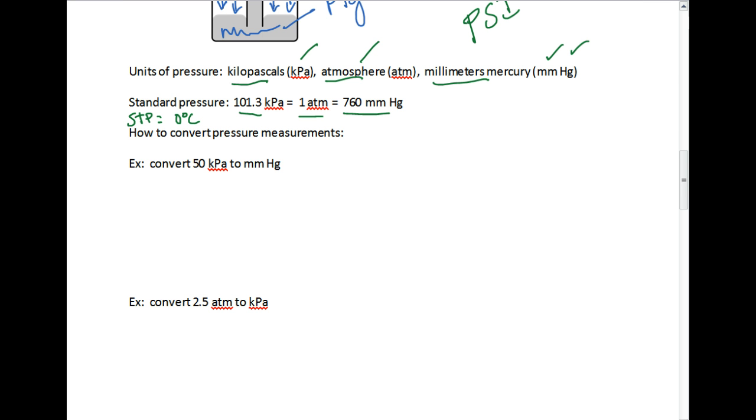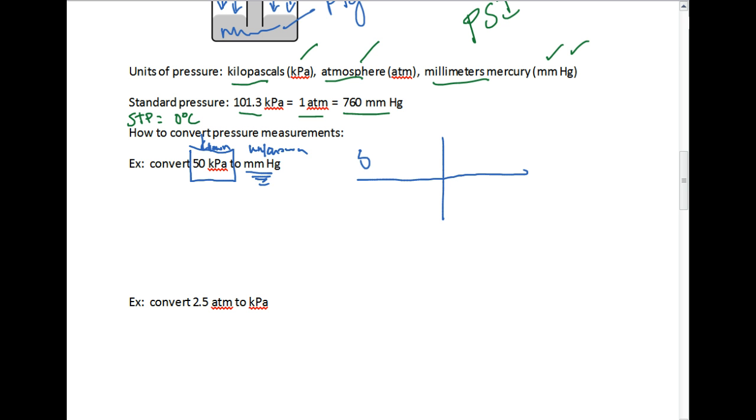Okay, so this very first problem here, we have an example. It says convert 50 kPa to millimeters of mercury. So we're going to set this up with, once again, there's our known quantity, and we're converting to millimeters of mercury. There's our unknown. We're going to set this up in a one-step problem just like this.